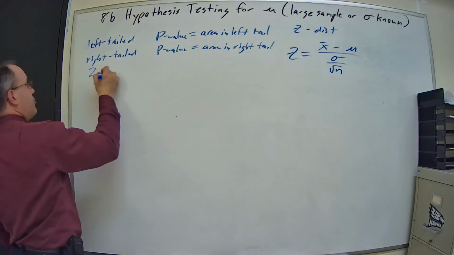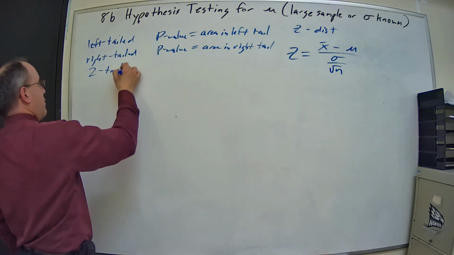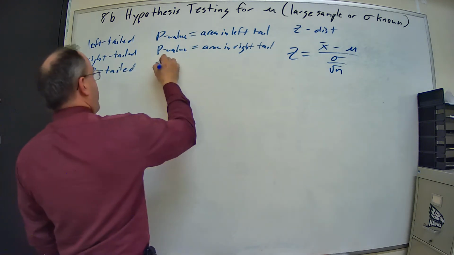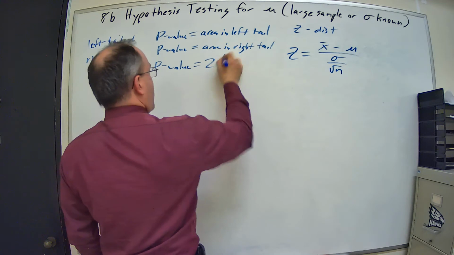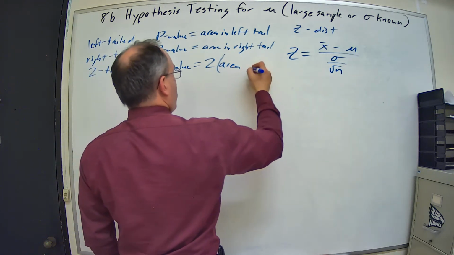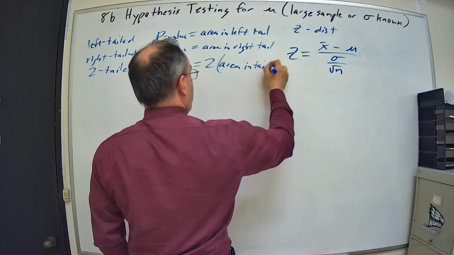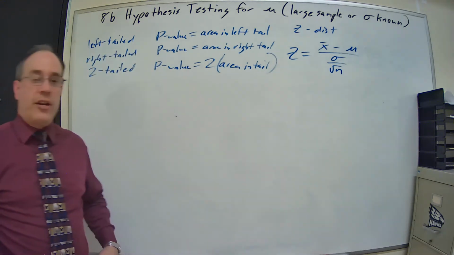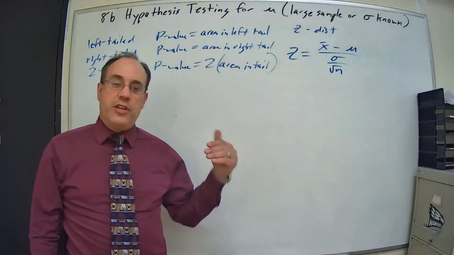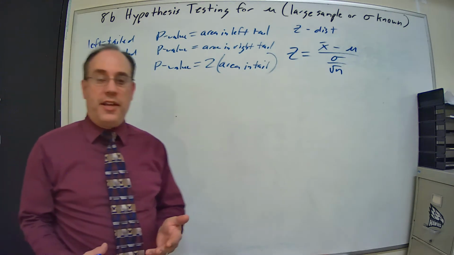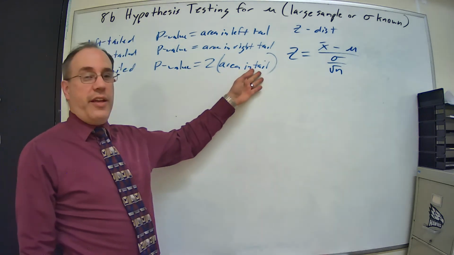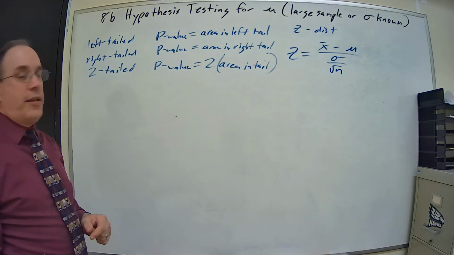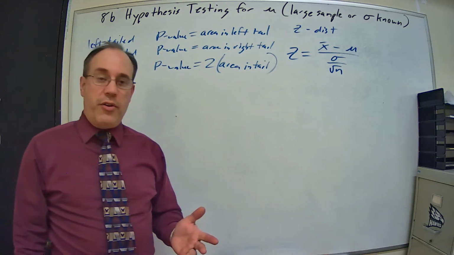And if we have a two-tailed test, then the p-value is equal to 2 times the area in the tail. And remember, that area could be to the right or to the left. Just look for whichever one is less than 0.5. That'll give you the area in the tail. Multiply it by 2. And then we do our comparison.